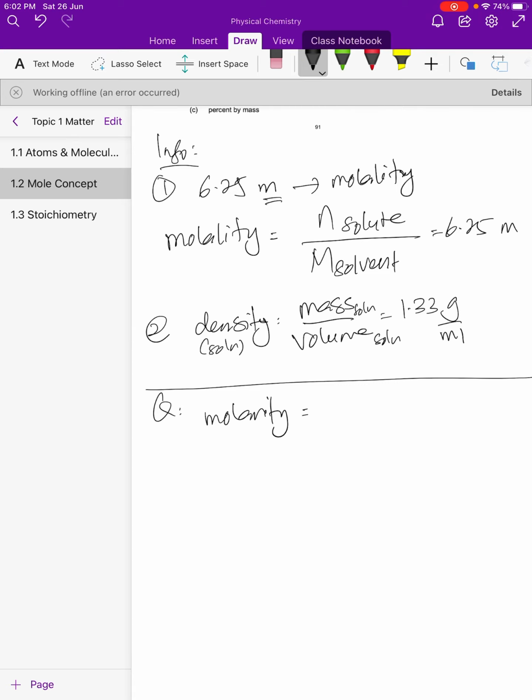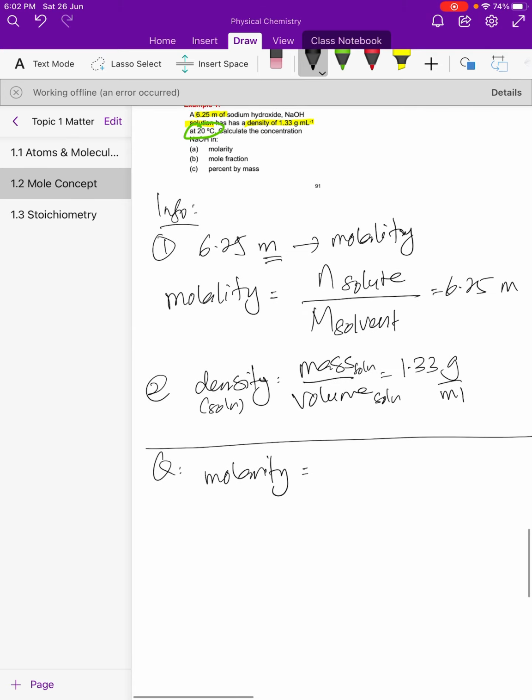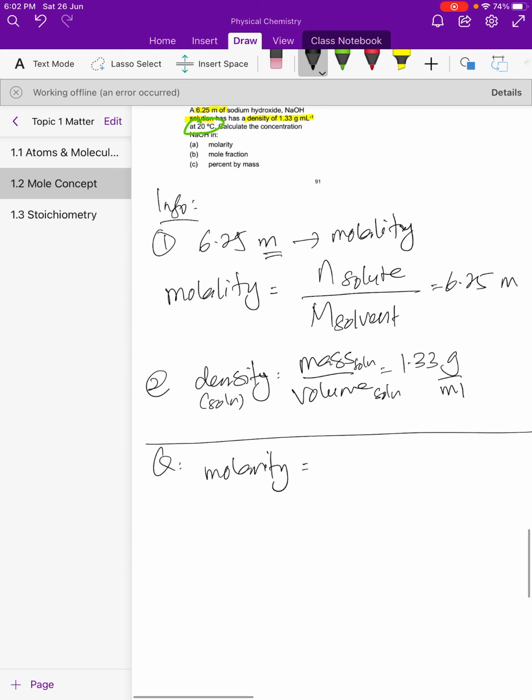The first question they ask us to find is the molarity of NaOH. So I write here molarity of sodium hydroxide. That means mole of solute divided by volume of solution in 1 liter. Okay.